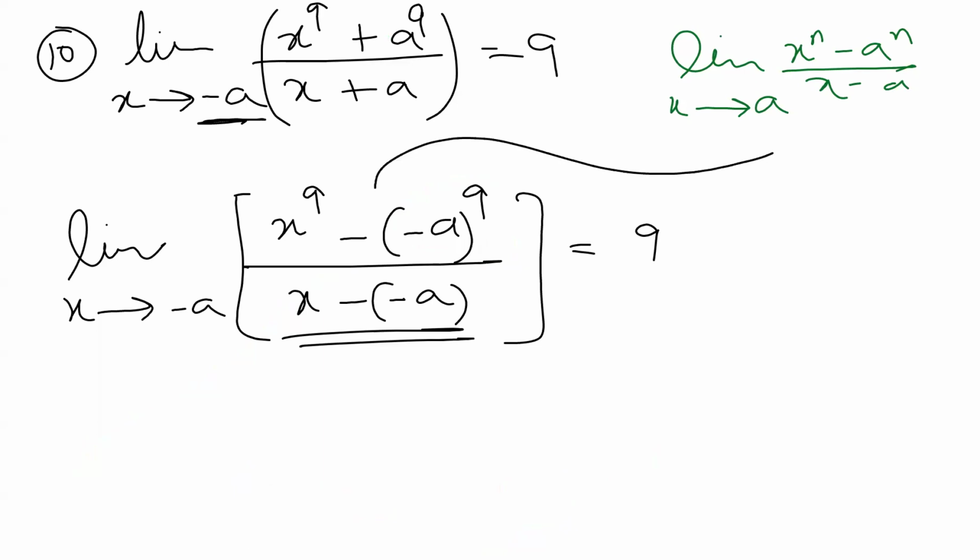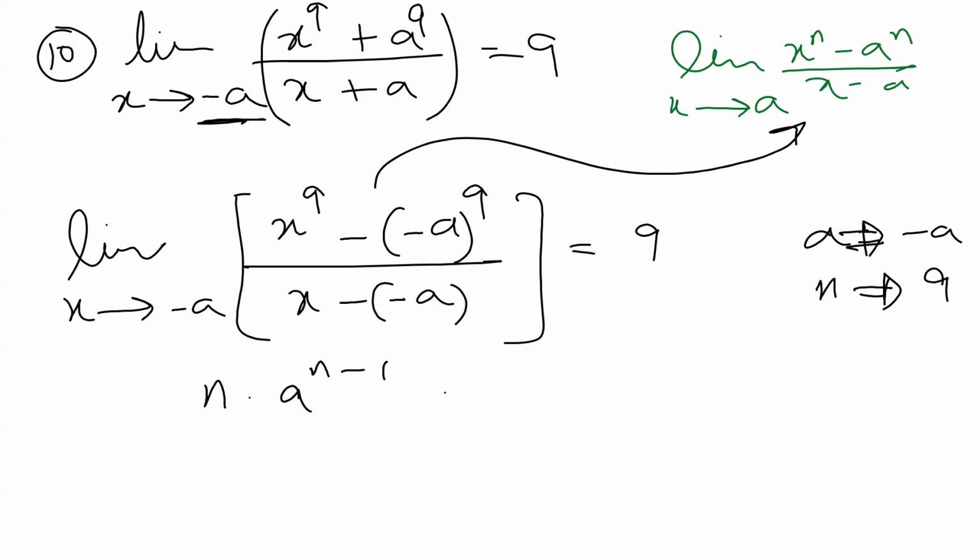Now I'll compare with this formula. Now it's easy for us to compare. So a is minus a and n is 9. So n into a raised to n minus 1 equal to 9. So n is 9. A raised to 9 minus 1 is equal to 9. 9 and 9 cancel.